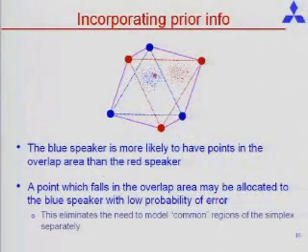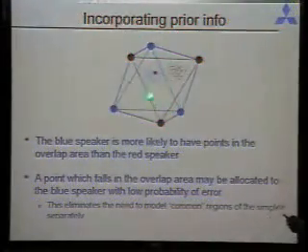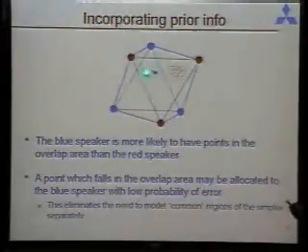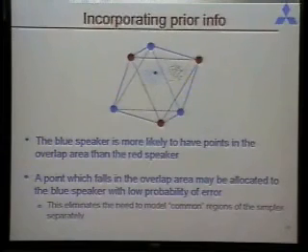And we can take advantage of this. For example, in the same figure that I had earlier, if we know that this region is common to both simplexes, but speaker 1 favors this region, whereas speaker 2 really favors this region, then if a point falls here, it's perfectly okay to simply allocate it to speaker 1, because the probability that you will make an error is fairly small.